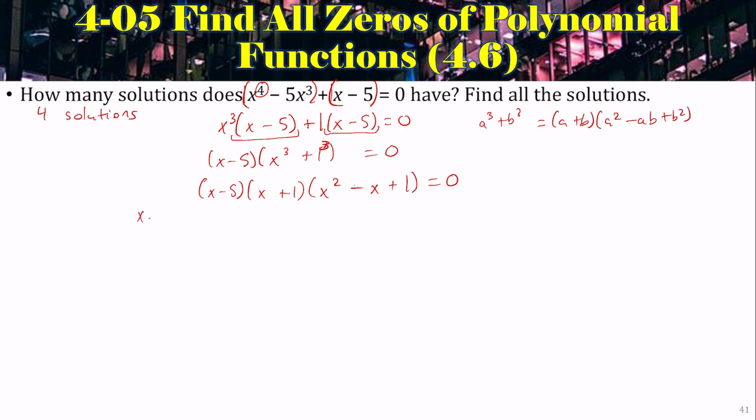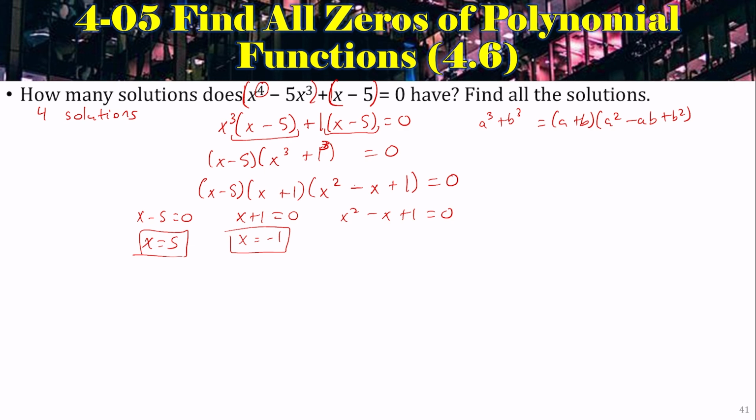So then we can take each of those equal to 0 and get x equals 5. Get x equals -1. And then we could try factoring this quadratic.